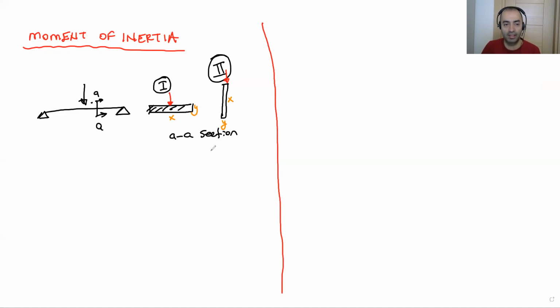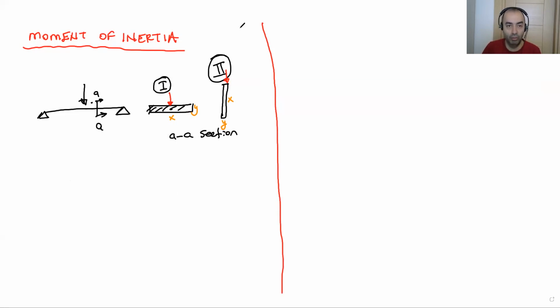So this is coming from the moment of inertia. If you check the moment of inertia in this direction of this section, and then compare it with this one, option 2 has a really big moment of inertia value than option 1.